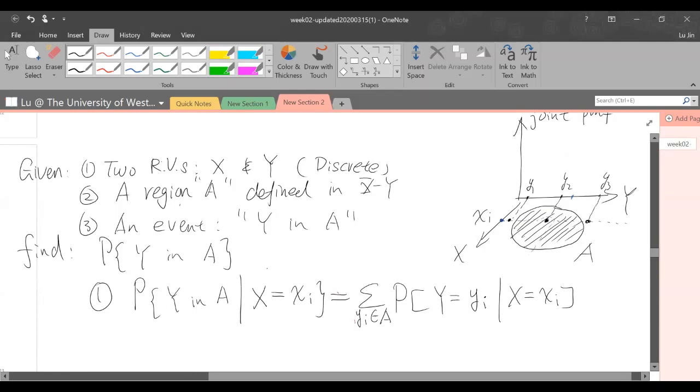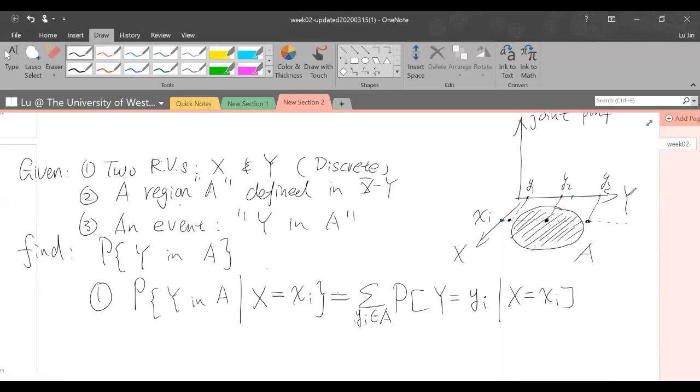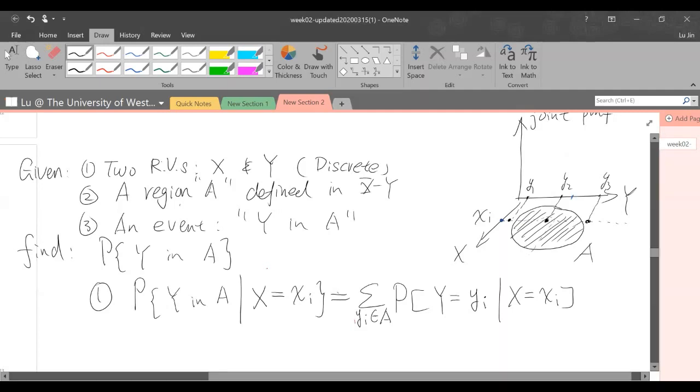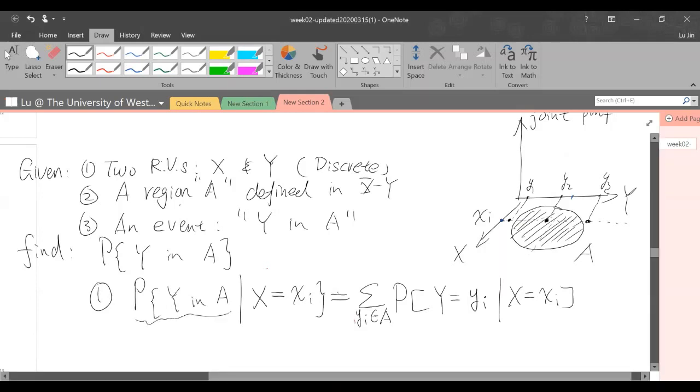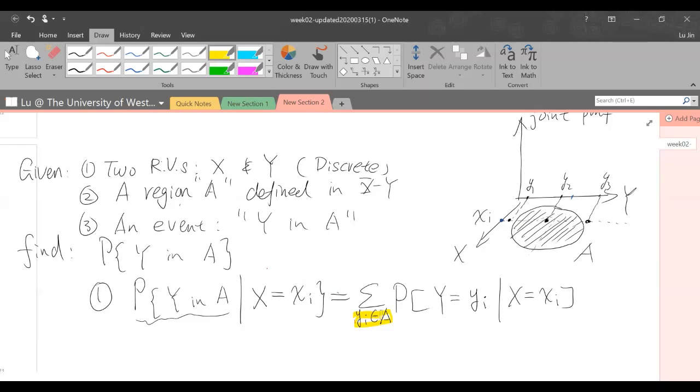Of course, in this example, only the xi and y2 give you a point falling into the region A. The other 2 y values, y1 and y3, give us points outside the region A. So when you evaluate the probability that y is in A, these 2 points do not need to be considered. In other words, we just need to consider the yi point, which can make the point within the region A with the x equal to xi condition.